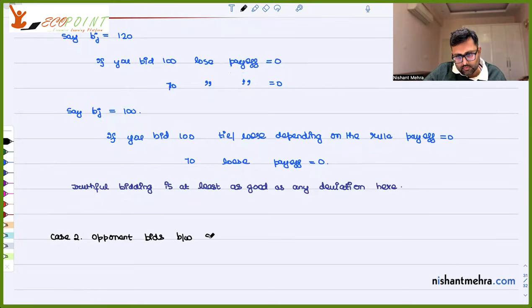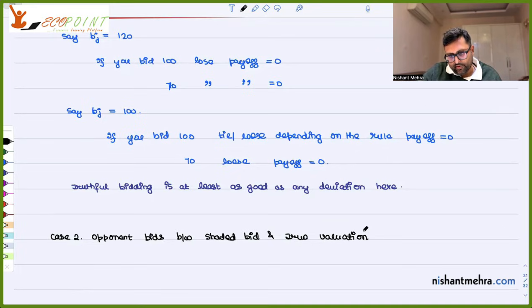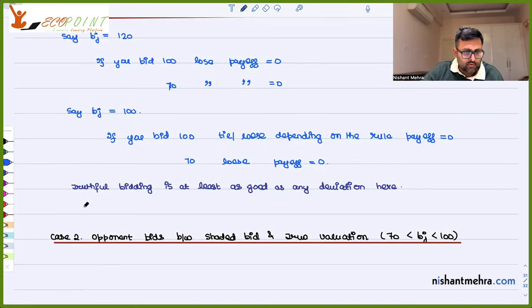Your shaded bid was 70 and your true valuation is 100. So the opponent has bid somewhere in between this. So say the opponent bids 90.